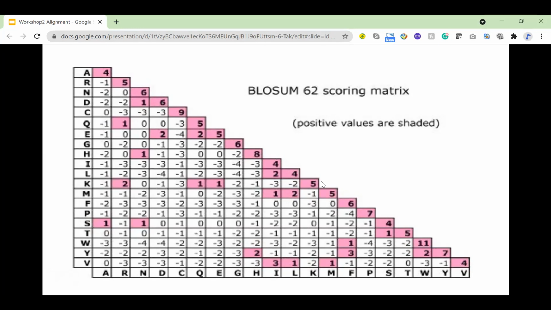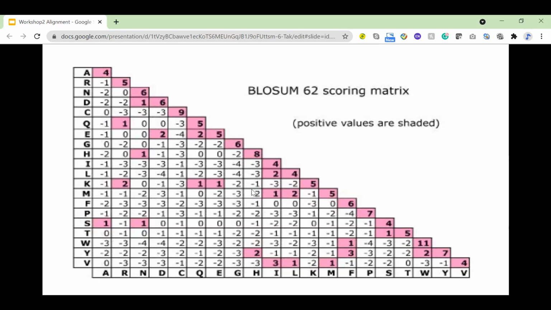But amino acids have this codon system and they have historical, evolutionary, and chemical, biological properties. They're all different. So the weights of matching are different. So if you see A with A, it's probably weighted differently than R with R.